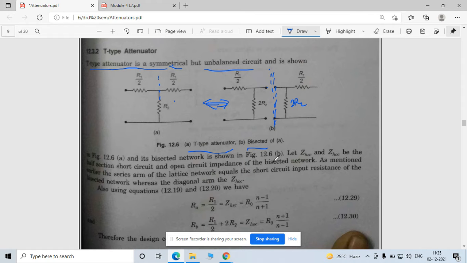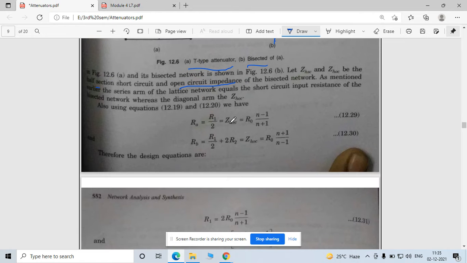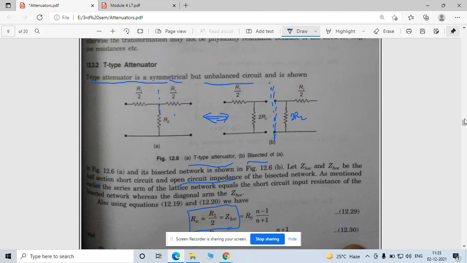Once you equate this circuit with the lattice network, ZSC and ZOC are half of the short circuit and open circuit impedance of the bisected network. So the series impedance in the lattice network is equal to the short circuit impedance. So RA here is nothing but RA by 2, because see here the series impedance is RA by 2.